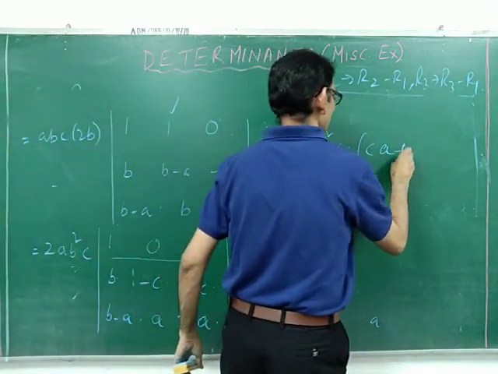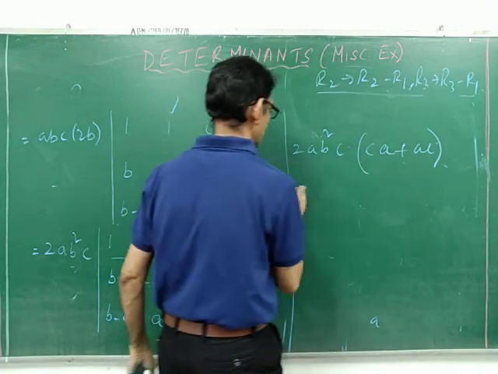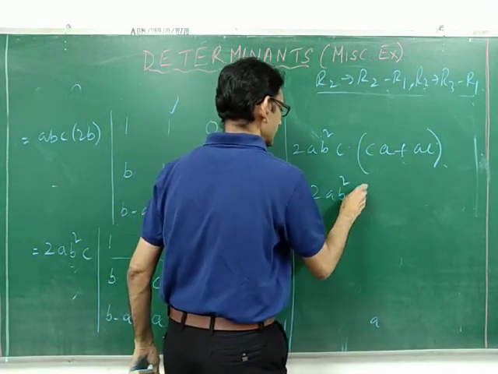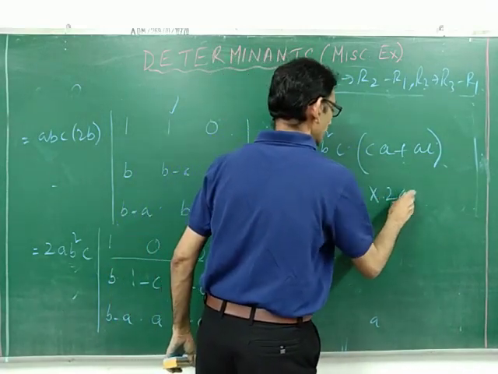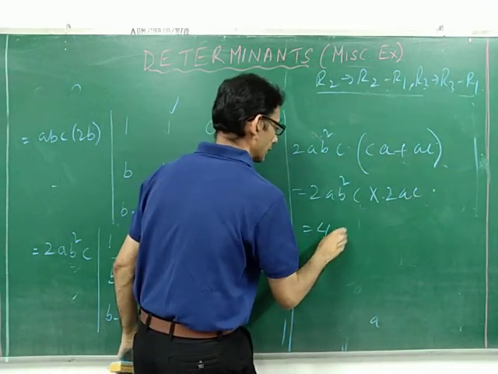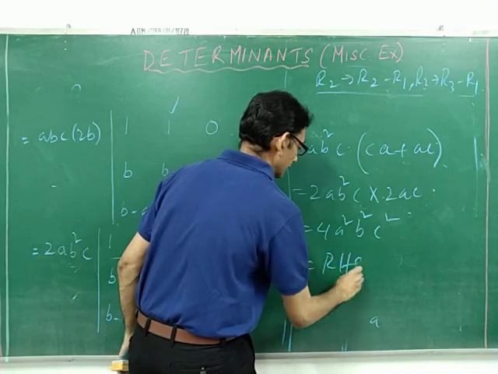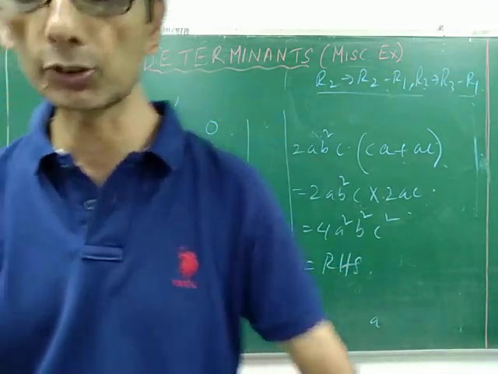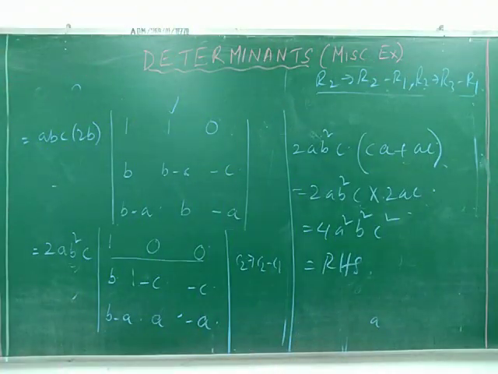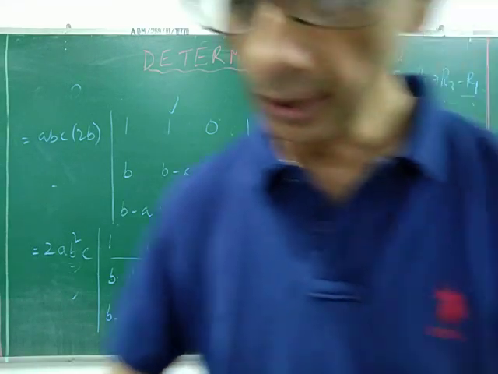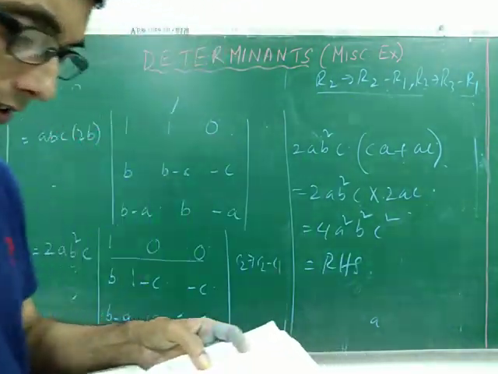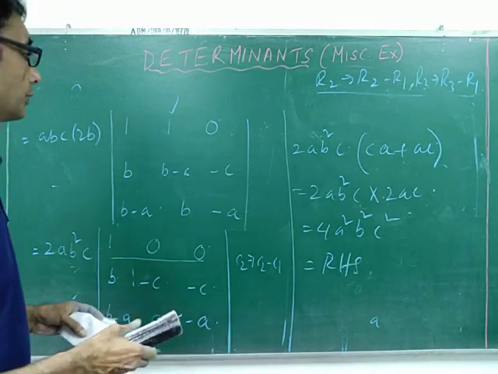So plus AC, right? So this will be 2ab squared C multiplied by 2ac. So it will be 4a squared b squared c squared, equal to the right hand side. So this is also another very important question. Next we'll take another important question from the exercise.